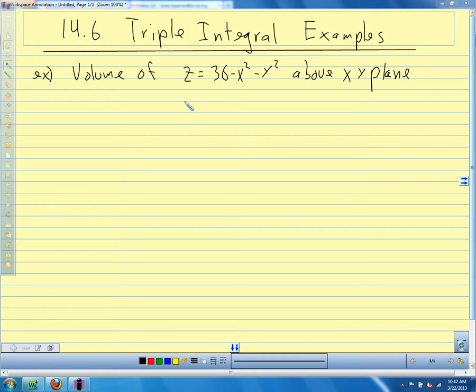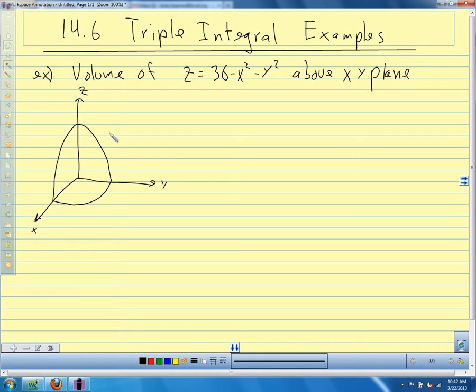So anyway, here's our surface. Let me draw a quick sketch of what we're talking about. There are our axes. And z equals 36 minus x squared minus y squared is this paraboloid. I'm going to draw it in the first octant.